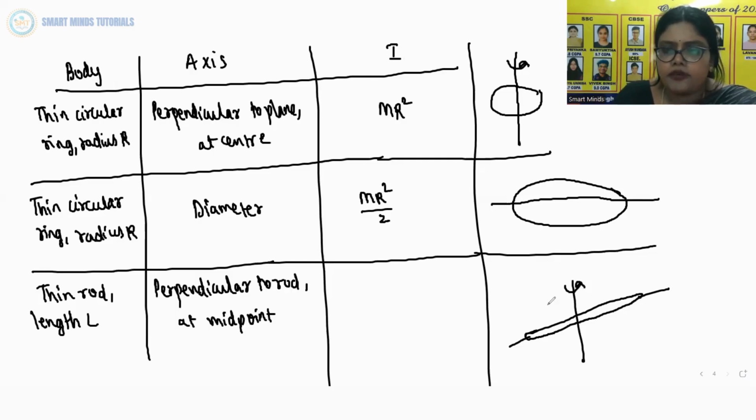This is the axis of rotation. This is the y-axis, this is the x-axis, and this is the z-axis. And over here, the moment of inertia is mL square by 12.